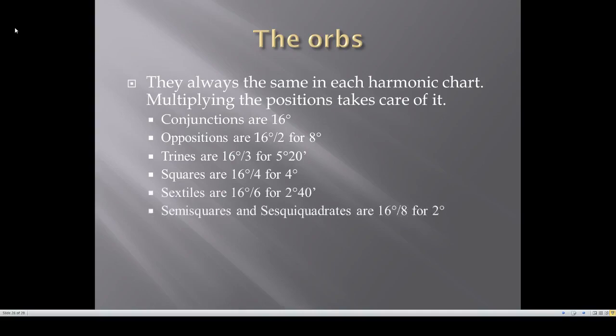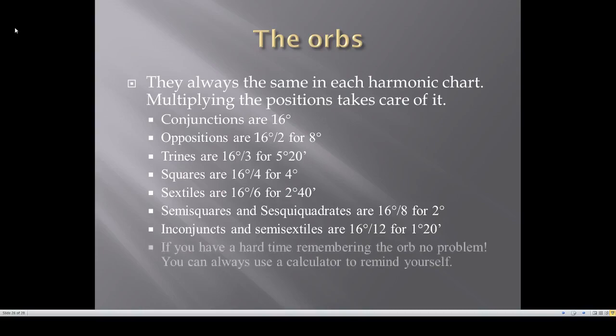Semi-squares and sesquiquadrates are 16 degrees divided by 8 for 2 degrees. Inconjuncts and semi-sextiles are 16 degrees divided by 12 for 1 degree 20 minutes. So if you have a hard time remembering the orb, no problem. You can always use a calculator to remind yourself. It's 16 degrees divided by the number of the aspect.